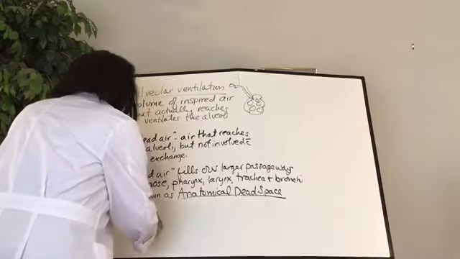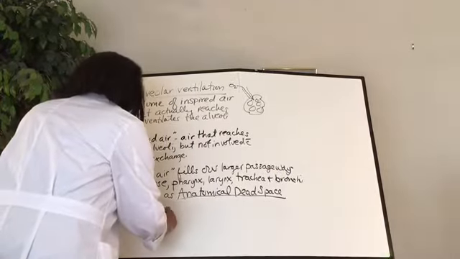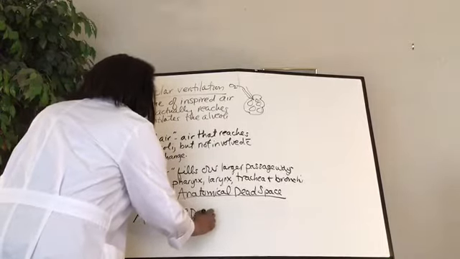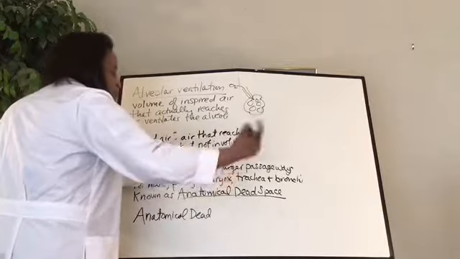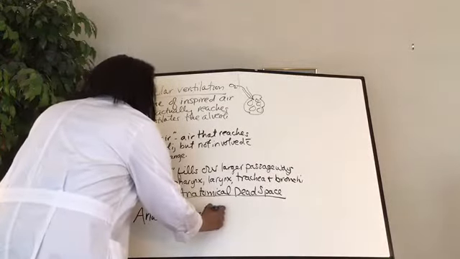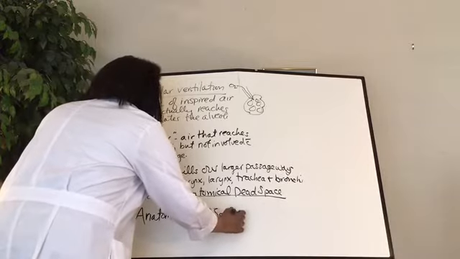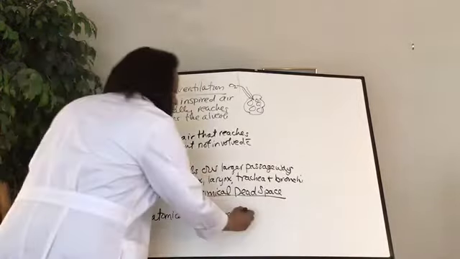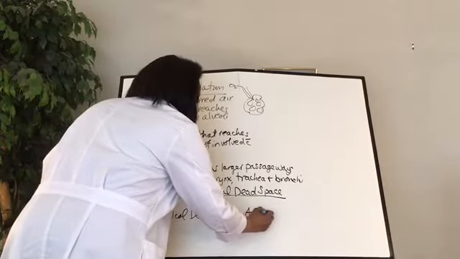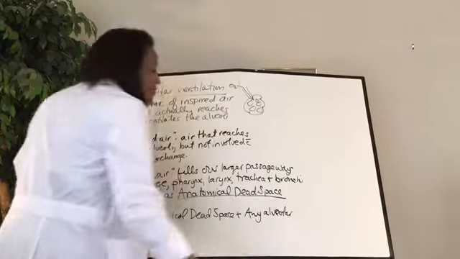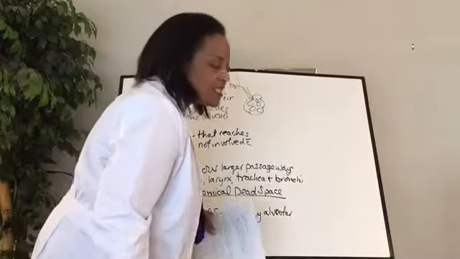So anatomical, I hope you can see this. Anatomical dead space, the one in the nose, throat, pharynx, trachea, etc., that dead space, plus any other alveolar dead space. Like I said, you could have COPD, or like I say too, it doesn't have to be a pathology, doesn't have to be a disease.